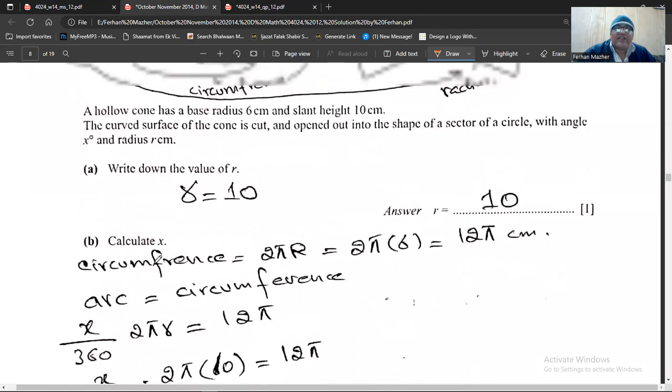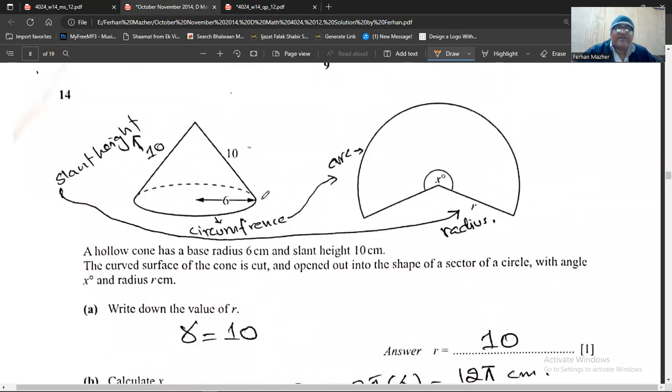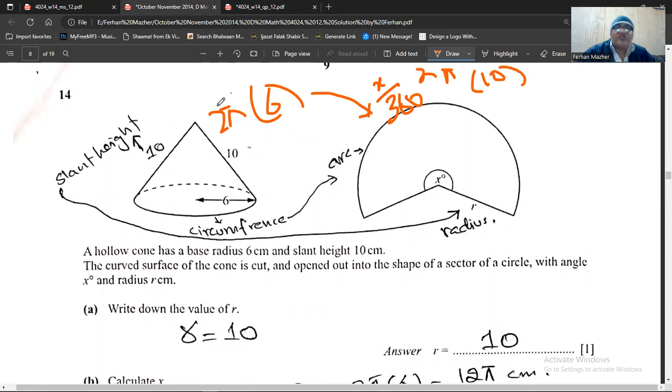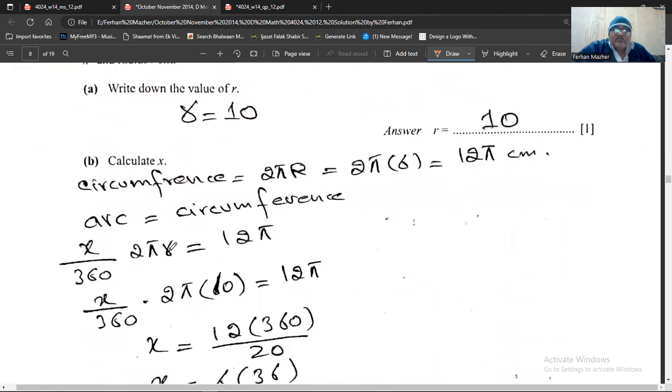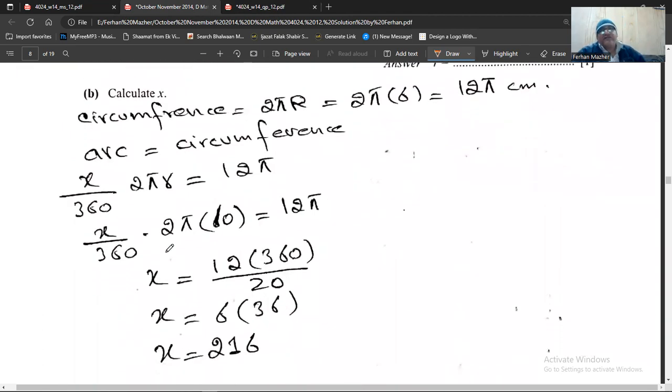Then the question is to calculate x. You can find the circumference of the base, which is 2πr, so 2π into 6, that will be 12π.